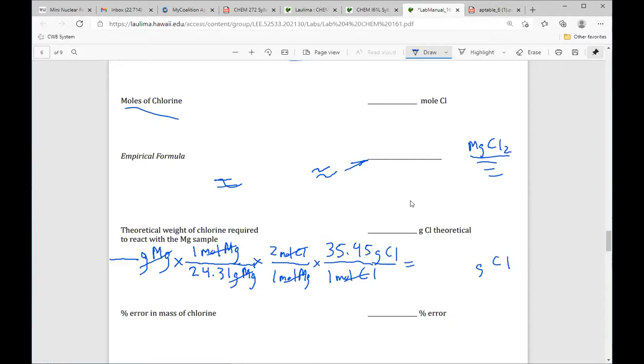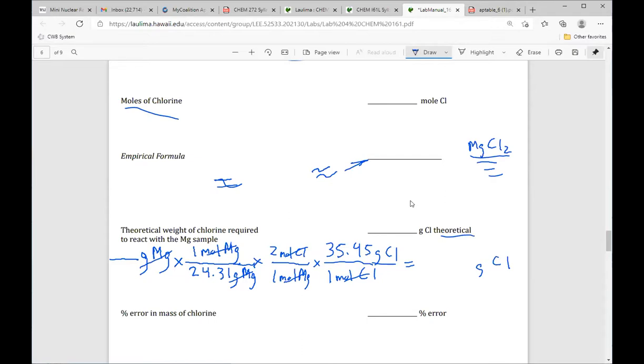So this is what is supposed to react with our mass of magnesium if we did our experiment perfect. If we did the experiment perfect, this is the number that we should get, right? But this is a theoretical yield. So we have to compare what we're supposed to get compared to what we actually got. And here we use the percent error.